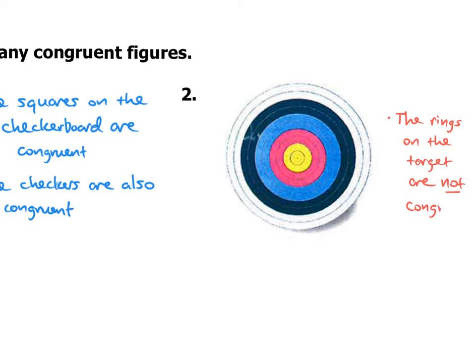As you go inwards, each ring gets smaller and smaller. So the definition of congruent figures is you can fit one directly on top of another one, and these are not congruent figures. They're all different size rings.